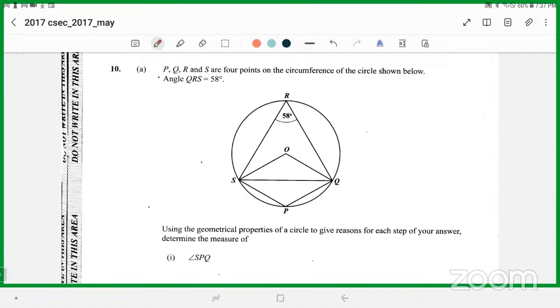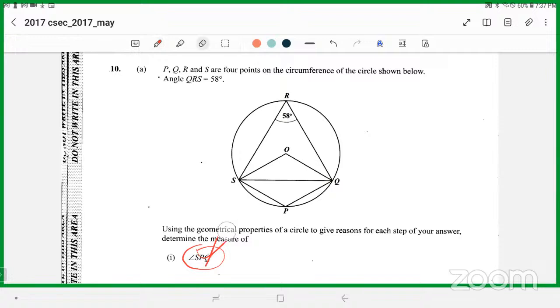It says, using geometric properties of a circle to give reasons for each step in your answer, determine the measure of angle SPQ. All right, SPQ, this one. So them two here are supplementary, aren't they? The opposite angles in this cyclic quadrilateral. Cyclic quadrilateral rule.